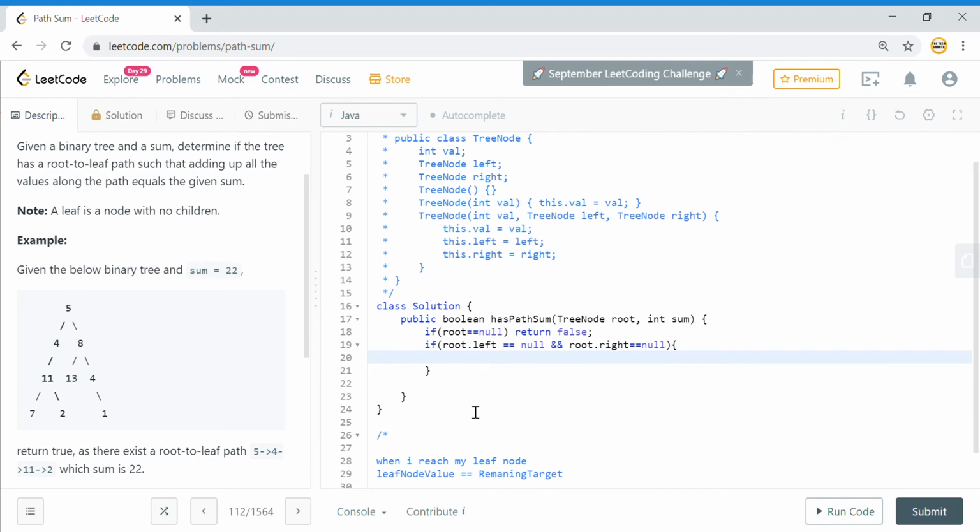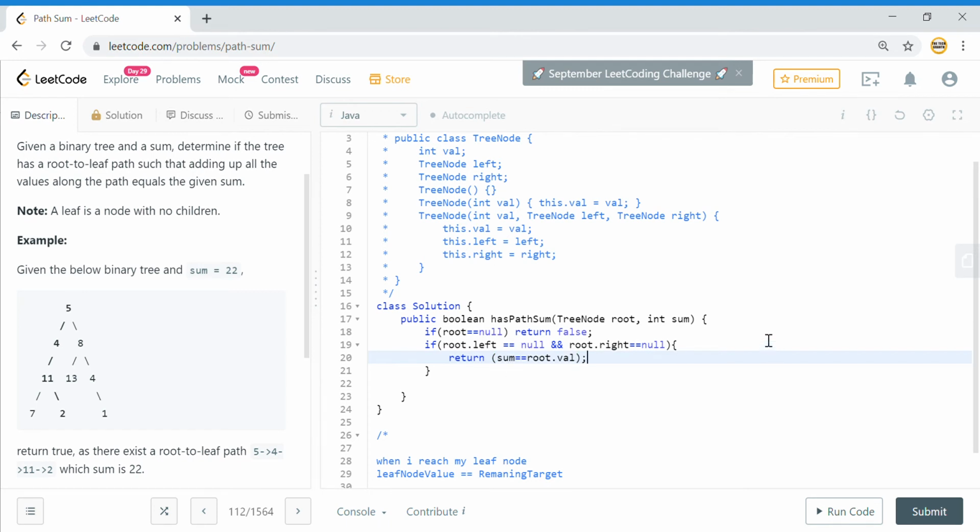So if that is the case, which means we have reached here, I will return my sum equal to root.value.